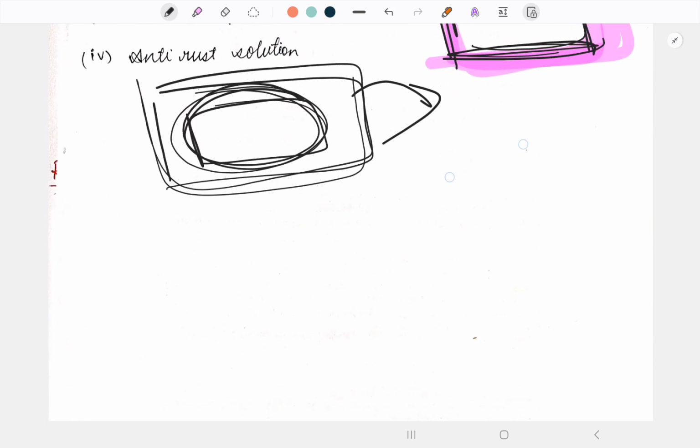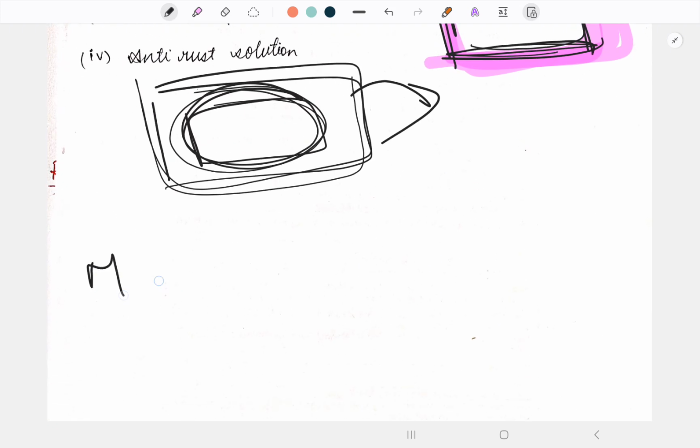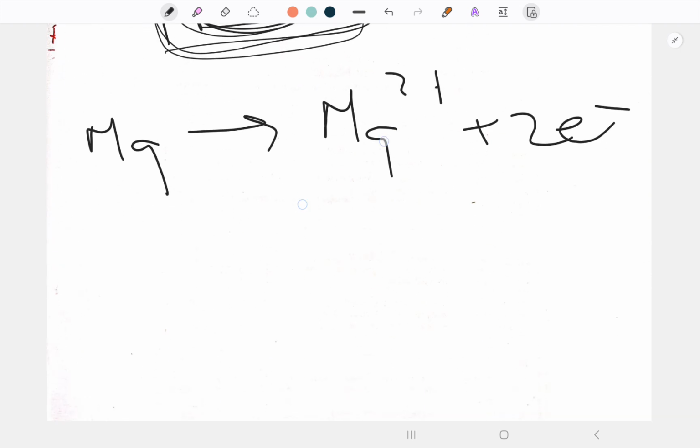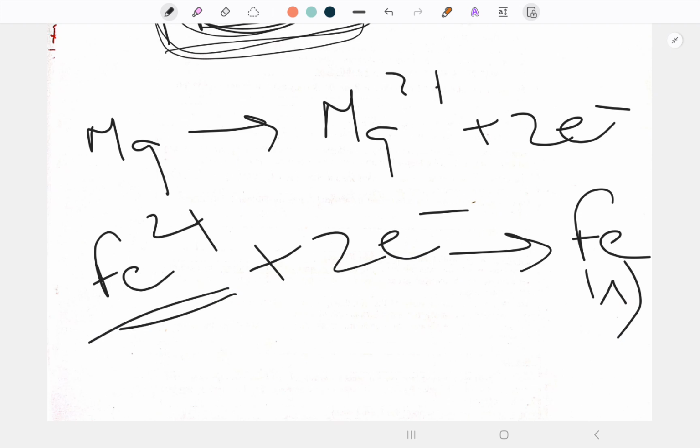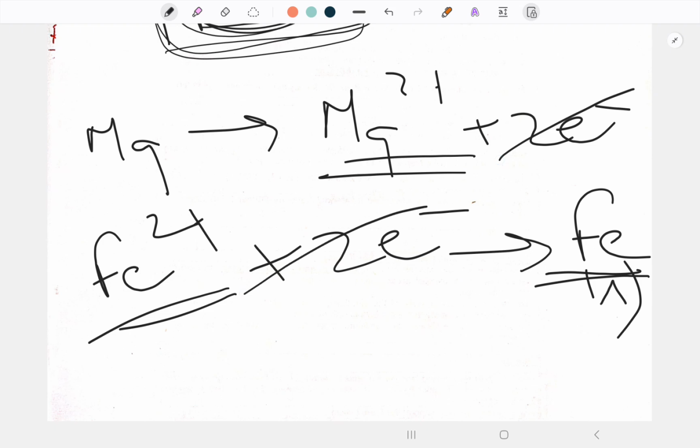The reaction at anode will be Mg gives Mg2+ plus 2 electrons, while the reaction at cathode will be Fe2+ plus 2 electrons gives Fe, which is in solid state. So the overall reaction will be Mg plus Fe2+ gives Mg2+ plus Fe, where we strike out the 2 electrons.